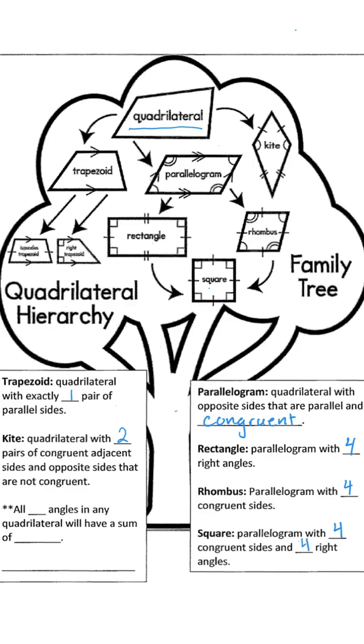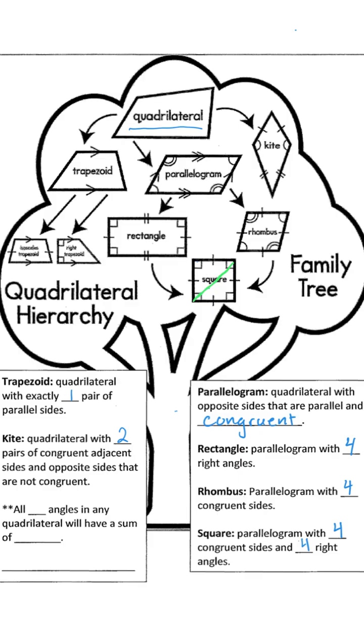Okay. Now, if you look at any of the quadrilaterals, it doesn't matter which one, if you were to draw a diagonal line, maybe I will draw a diagonal line. There we go. Then you have two triangles.